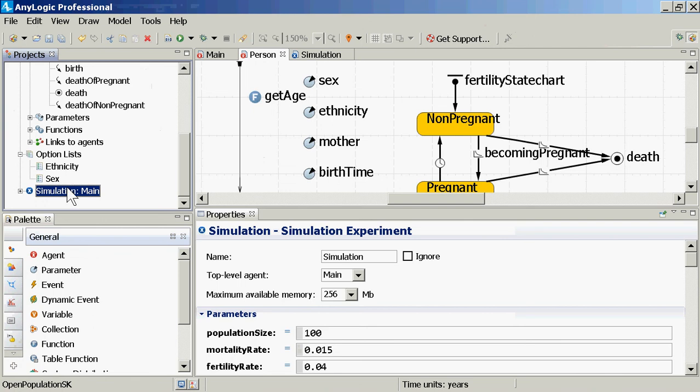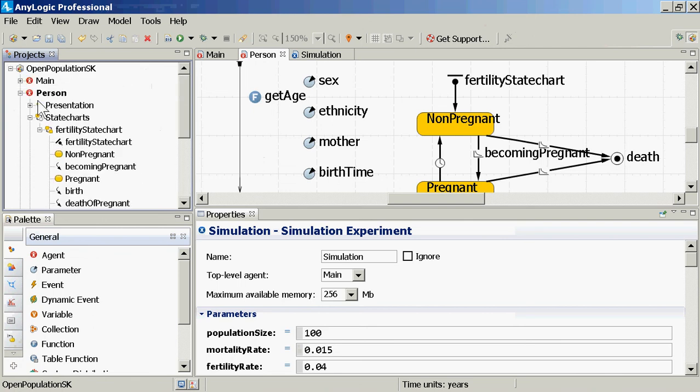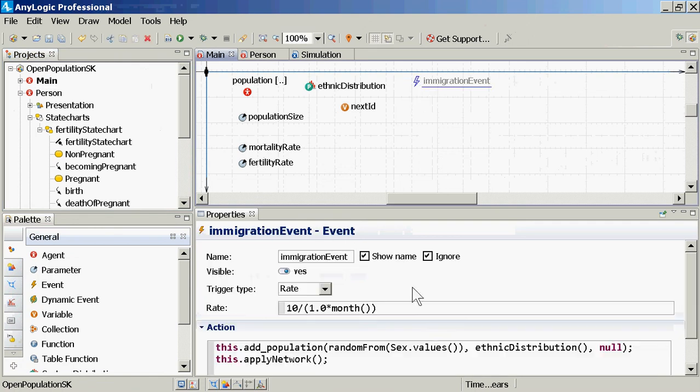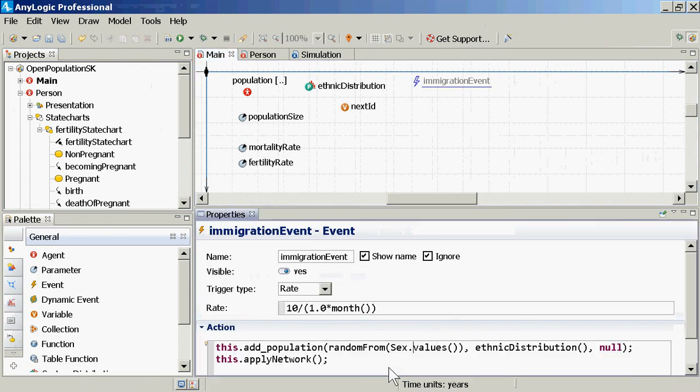So we're going to have this immigration going on as well, and what I'm going to do here is unignore this, and here they're going to come in with a random sex. They're going to have a randomly chosen ethnicity from their distribution. They're going to have no mother.